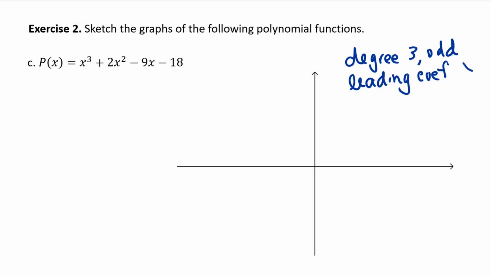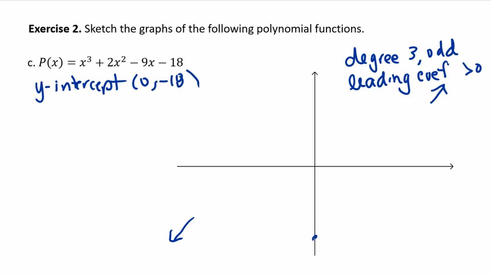So we know that the extreme ends are continually increasing, so going downwards in quadrant 3, up in quadrant 1. The other thing we can get right off is the y-intercept, because that's the constant, so the y-intercept is going to be negative 18. Just pick a point towards the bottom of the y-axis and we'll mark it negative 18.